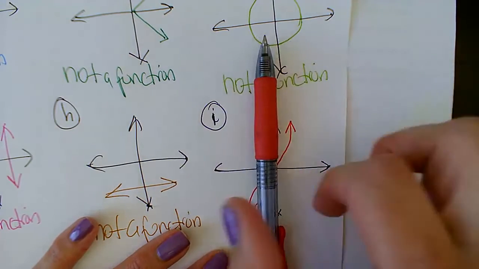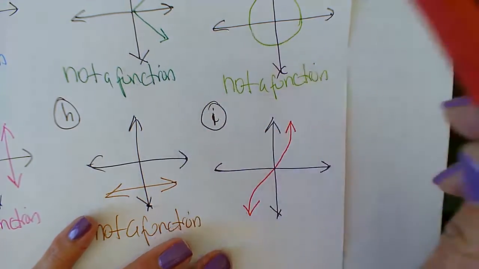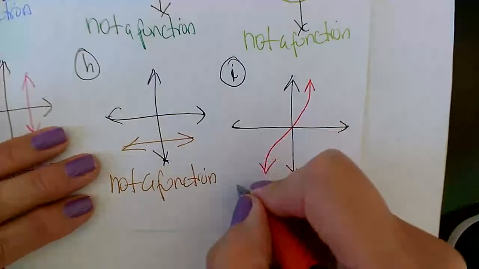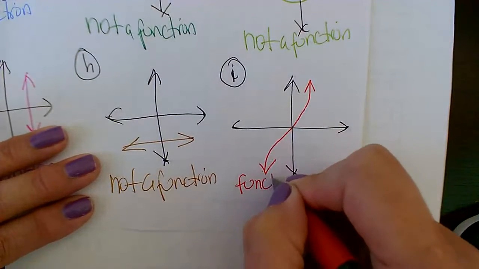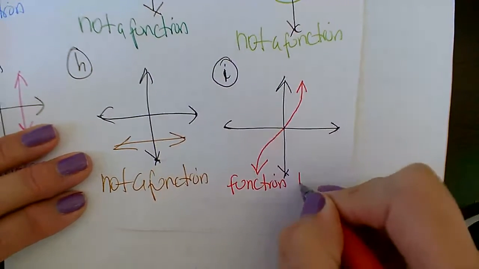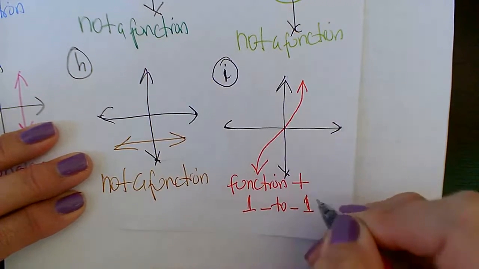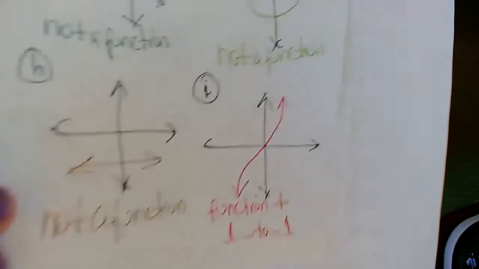Yes, passes the vertical line test and passes the horizontal test. So it's a function and a 1-to-1. Okay?